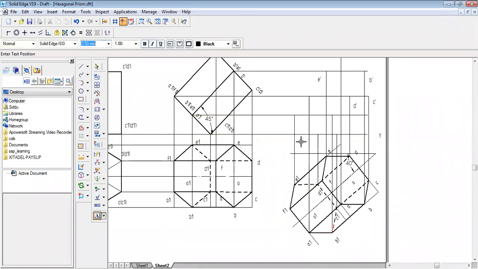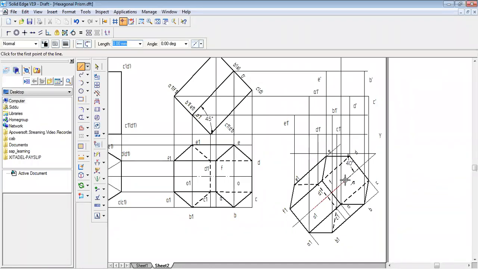So let me name. This is your E1 dash, D1 dash, C1 dash, and this is your B1 dash, sorry, and that is going to be your A1 dash, right?